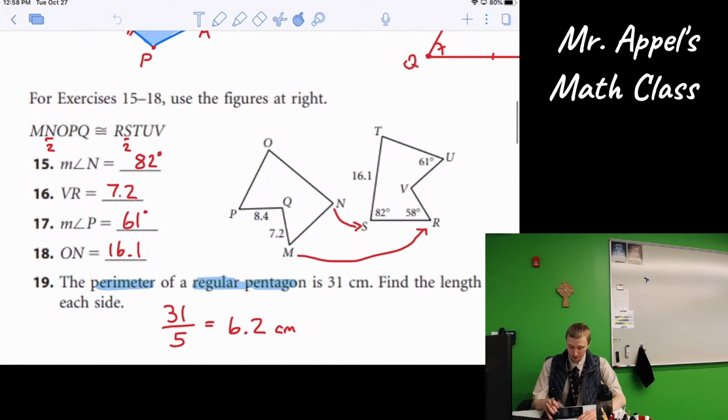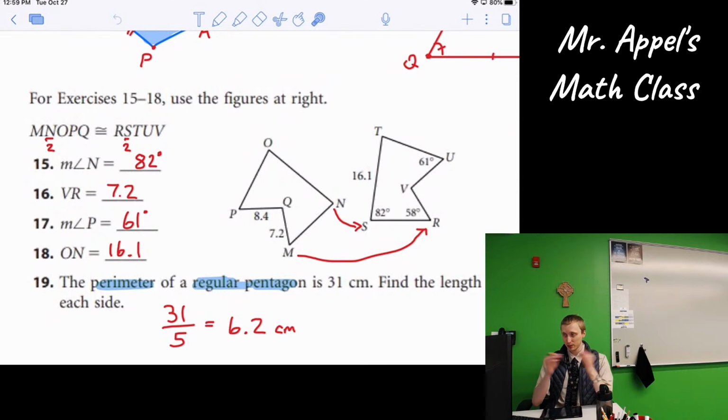moving on. Here is 15 through 18. Again, all these numbers can be read off of one shape or the other. They do write the names in a particular order so you know what corresponds to what. MNOPQ corresponds to RSTUV in that order. So N is the second letter, S is the second letter.